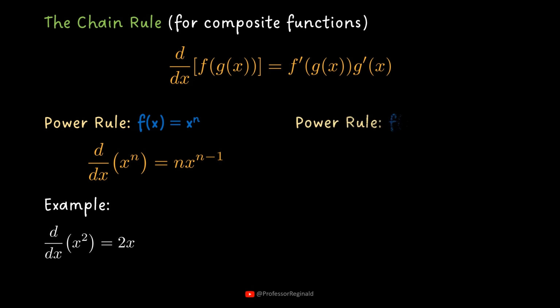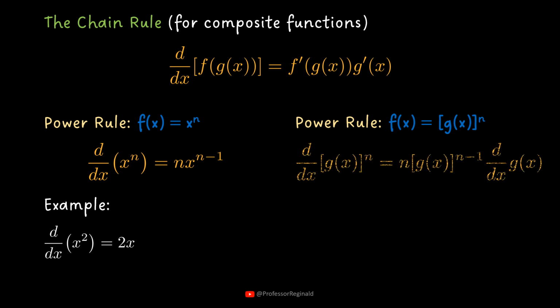Meanwhile, the power rule for a function of x raised to a real number n is n times the function of x raised to n minus 1, multiplied by the derivative of the function with respect to x.